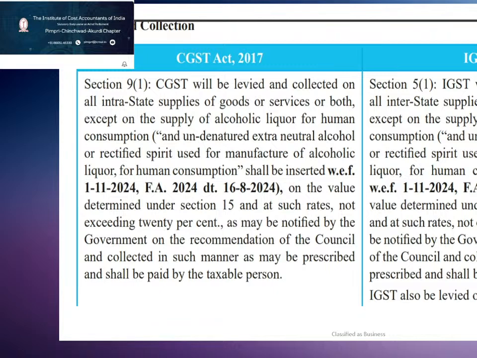Then the last one is value of inward supplies. He is liable to pay tax under reverse charge. So if any inward supplies are under reverse charge, it will not form part of your aggregate turnover.